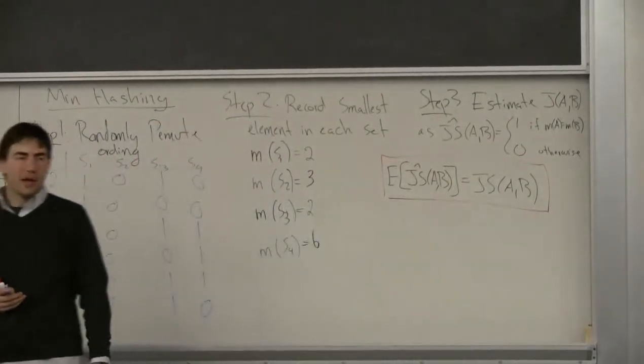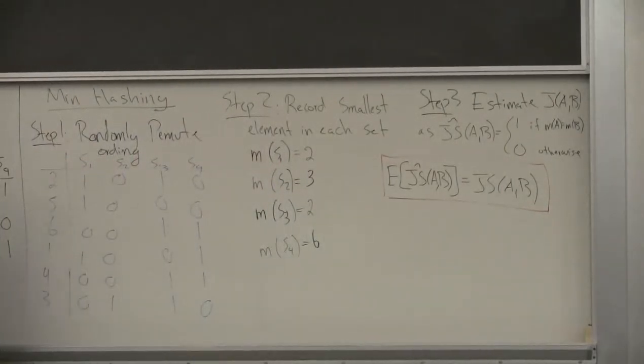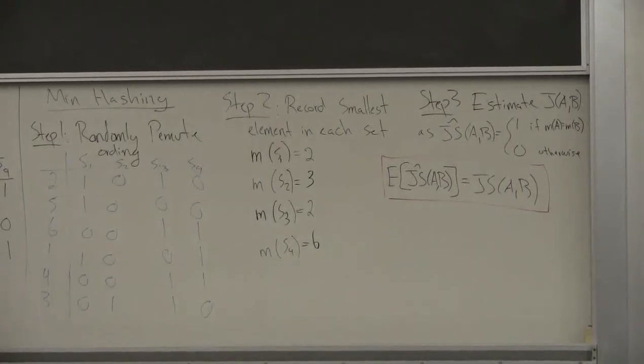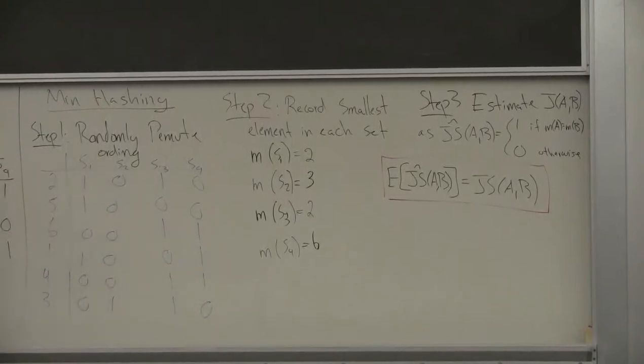So, what could we do to get a better estimate now? Don't worry about the computation yet. I'll show how to do this a bit more efficiently. With the expected values, could we just do it over and over again? That's right, yeah. So we can repeat this a bunch of times with a bunch of different random permutations.